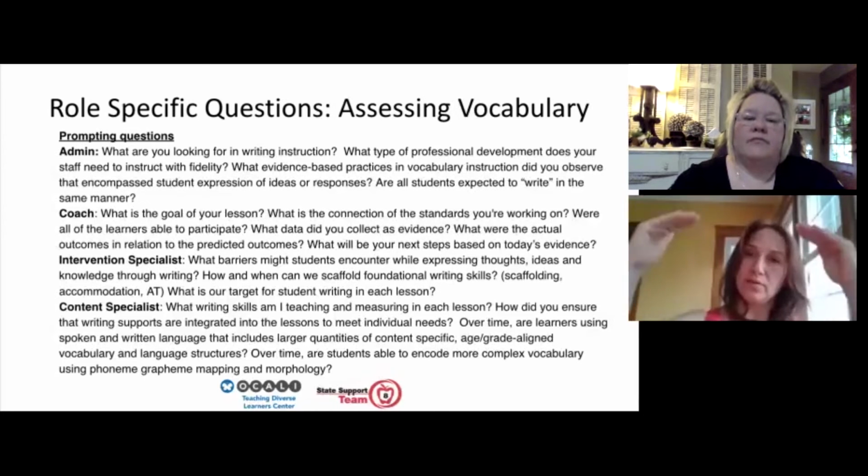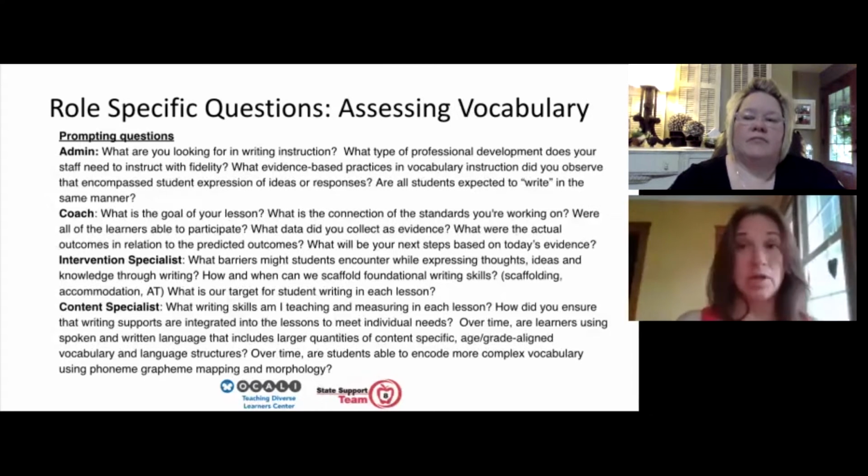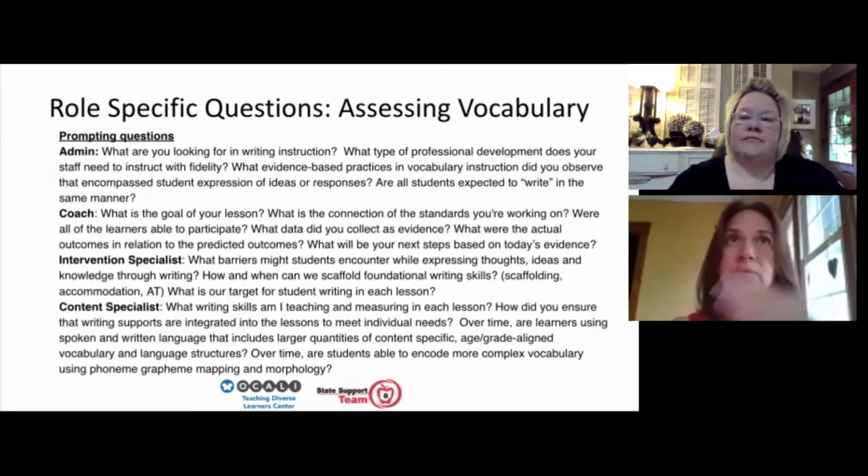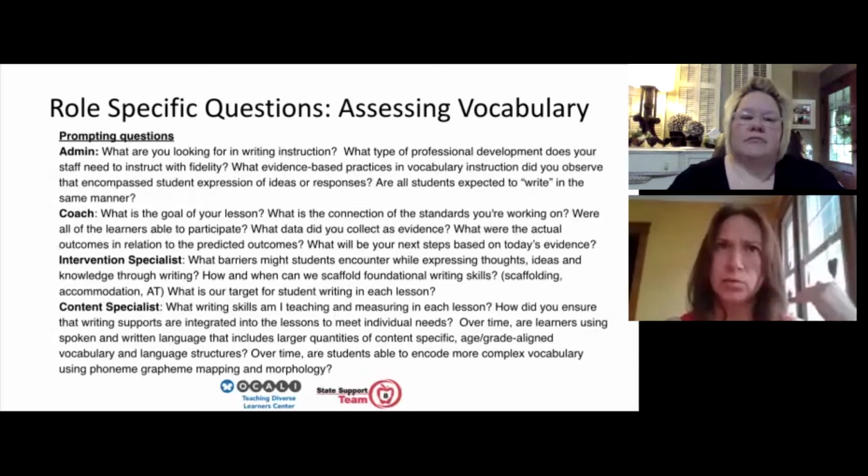So those are kind of nice scaffolded questions for you to ask around anything, but it will really help teachers think and process through how they're utilizing writing for each lesson.